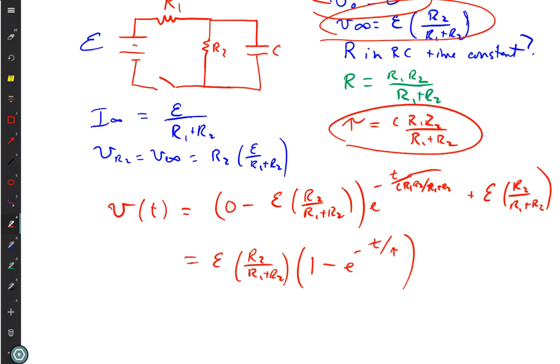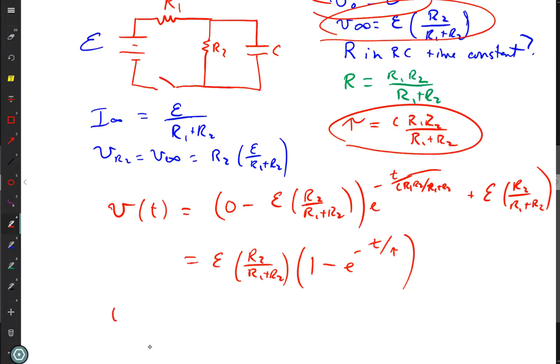What if I want to find the current? Yeah, we started this derivation with I equal to C dV/dt. So to find the current, I just need to take the derivative of this.